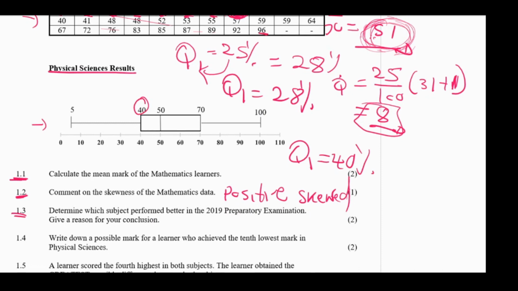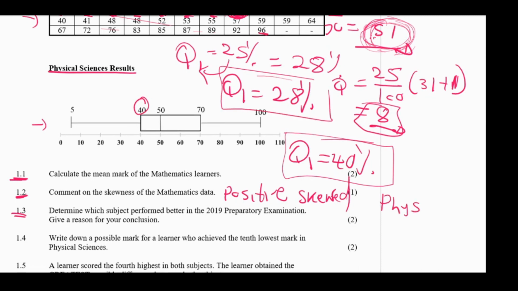You can see now that the lowest performing learners in physics got at least 40%, and the lowest performing learners for maths got 28%. So definitely physics learners performed better than maths in this question.